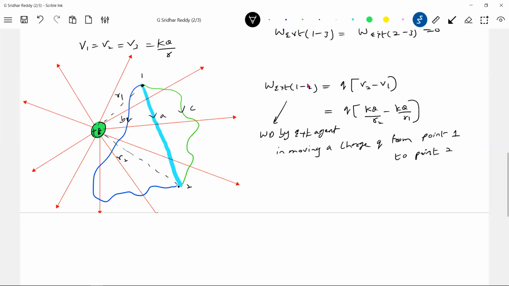Since the field is conservative, I need not bother how it is moved. Do I know the potential at these points 1 and 2? I'll substitute and get the answer. It is independent of charge, and it is independent of path from point 1 to point 2.